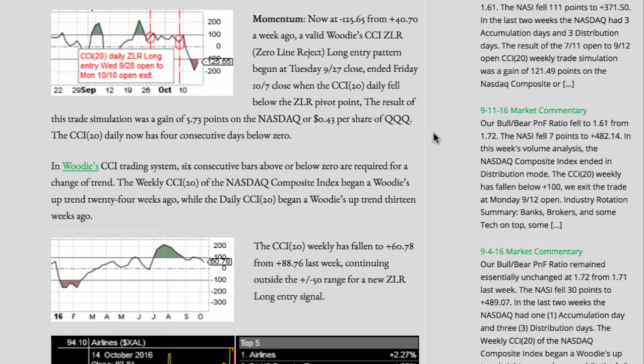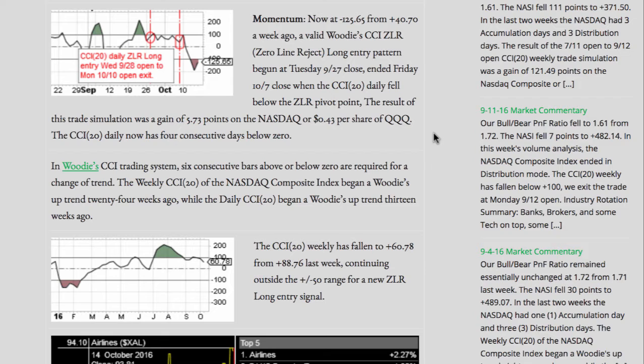The result of this trade simulation was a gain of 5.73 points on the Nasdaq, or 43 cents per share of QQQ. The CCI 20 daily now has 4 consecutive days below zero.